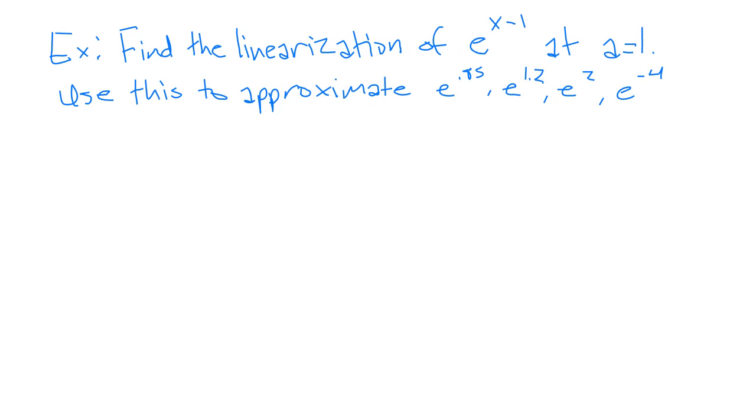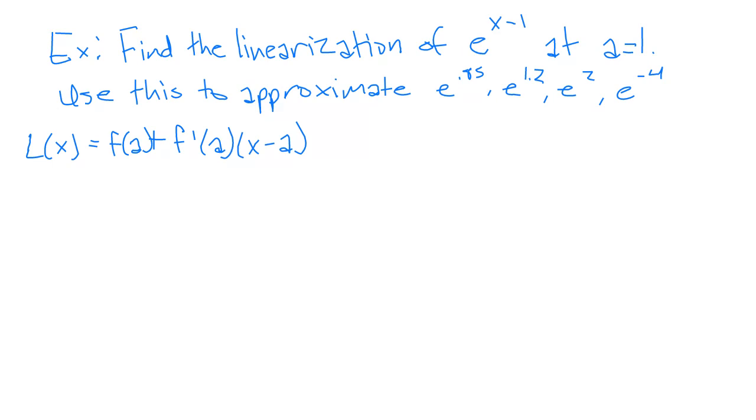Right, so let's think about what we'd use for our linearization equation. Once again, the general form is that our linearization is equal to our initial y value plus the slope of our tangent line at a times the difference between x and a. So let's see what we have.